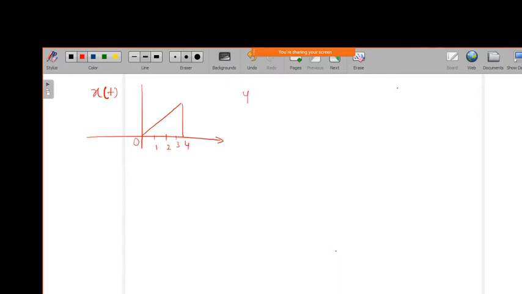Now we need to find y1 of t equal to x of 2t minus 3, y2 of t equal to x of t by 2, y3 of t given by x of 2t, and y4 of t given by x of 3 minus 4t.